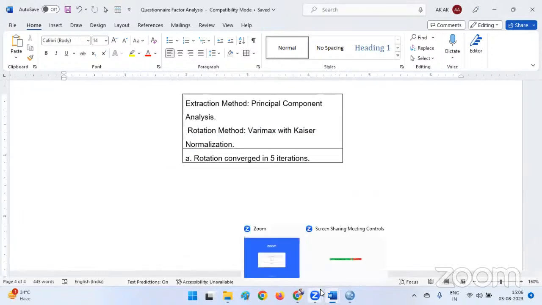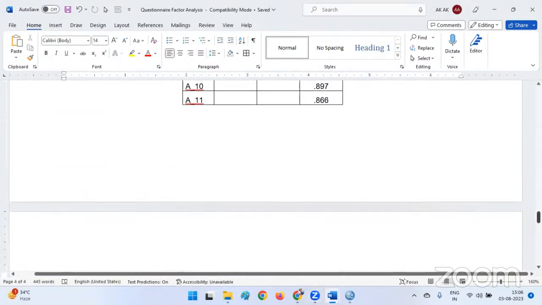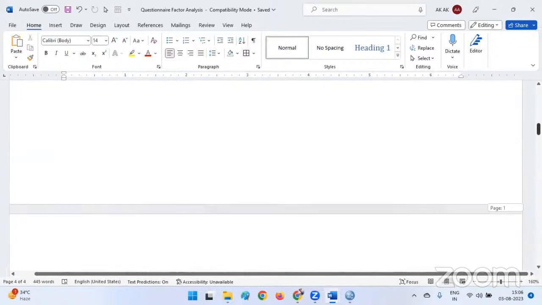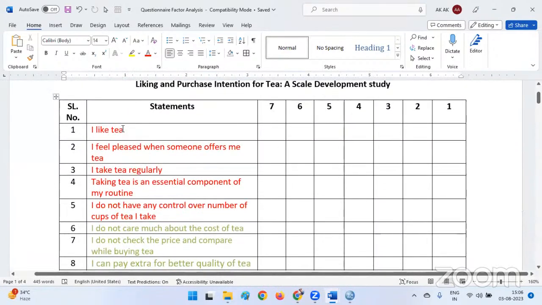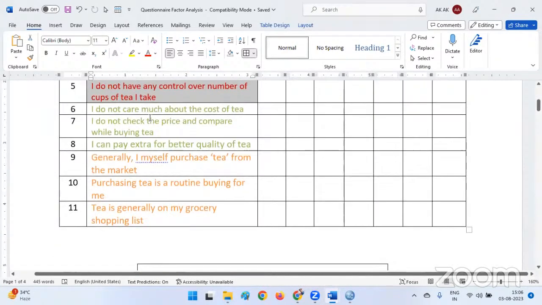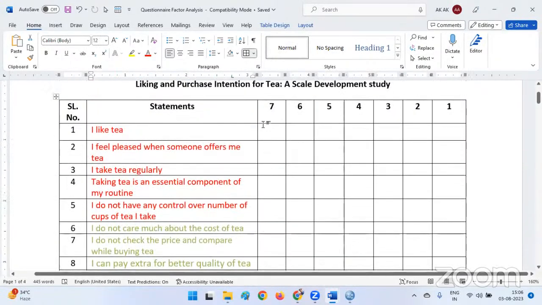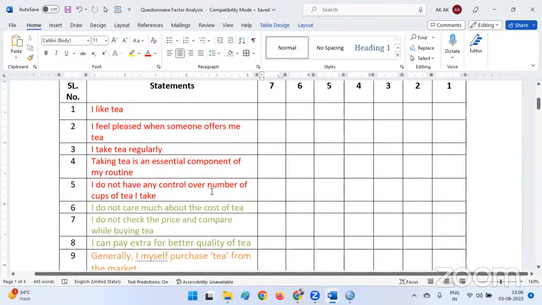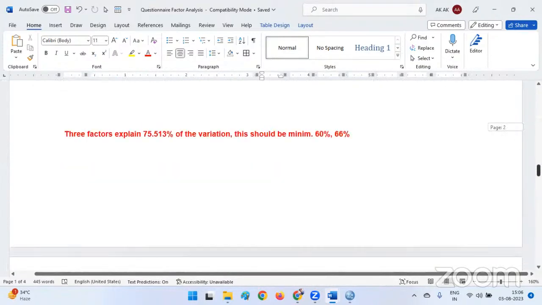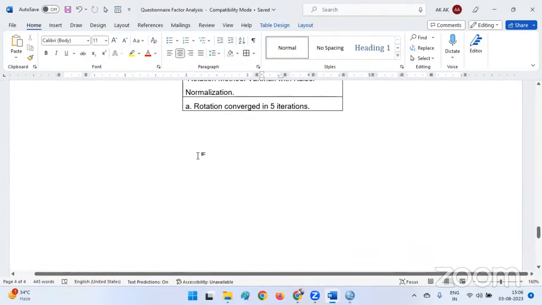We have three factors. Okay. First factor is made up of these 5. Second is made up of these 3, and third is made up of these 3. We have to name them, but before we name them, we first check the reliability.